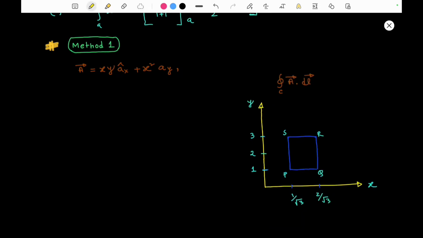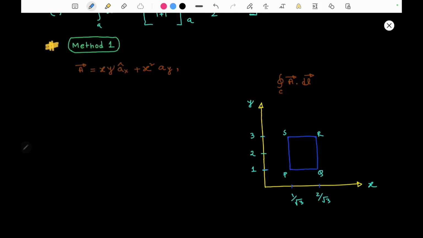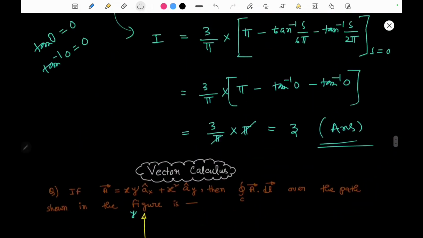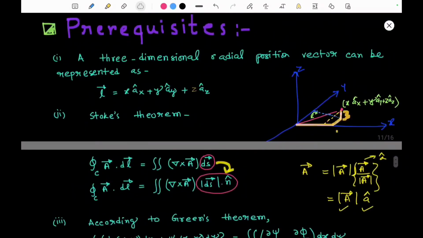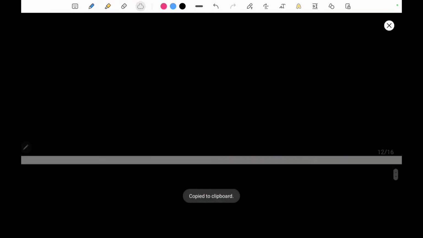So now by method 1 we can start the solution. First of all, we know that here we have learned the three-dimensional radial position vector can be written like this. Okay, we are copying this also.